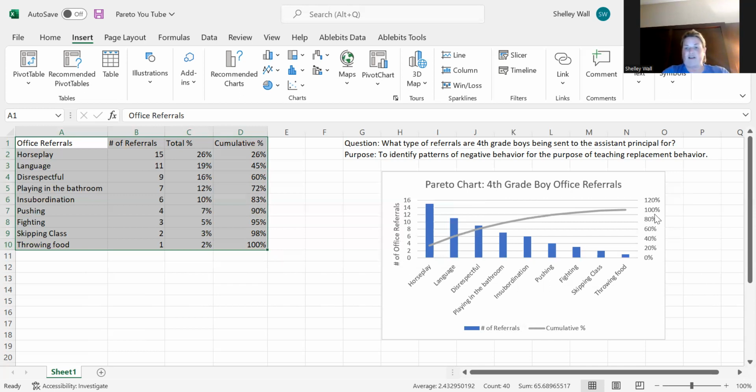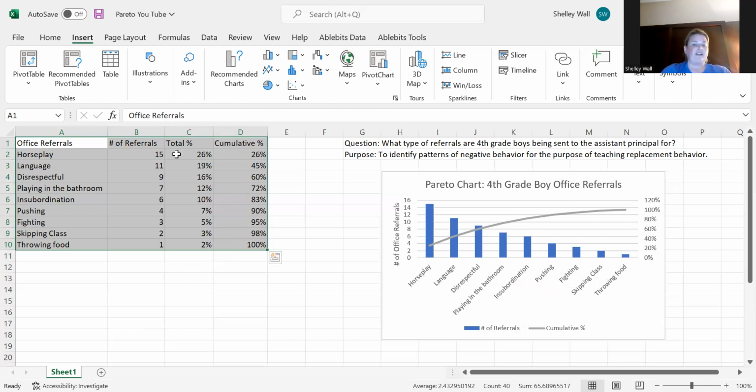Our 80-20 line, if you follow it over, shows that 80% falls somewhere right in here. What that shows you is that horseplay, language, disrespectful, and playing in the bathroom, these offenses make up 80% of your referrals.